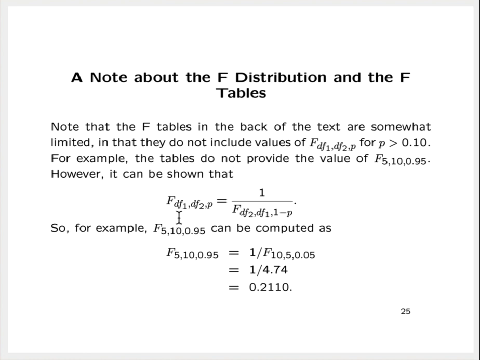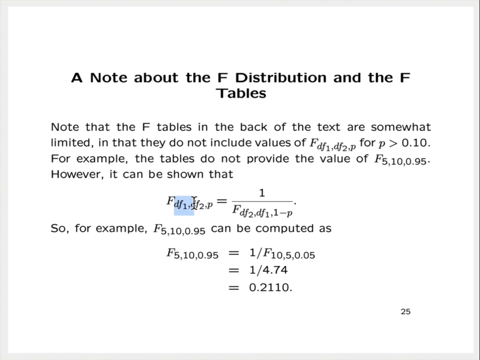What this is telling us is that the upper P percentage point of an F distribution with numerator degrees of freedom df1 and denominator degrees of freedom df2 is equal to 1 over the upper 1 minus P percentage point of the F distribution with numerator degrees of freedom df2 and denominator degrees of freedom df1. Note that, for example, if P is equal to 0.95, that's what we're showing down here.